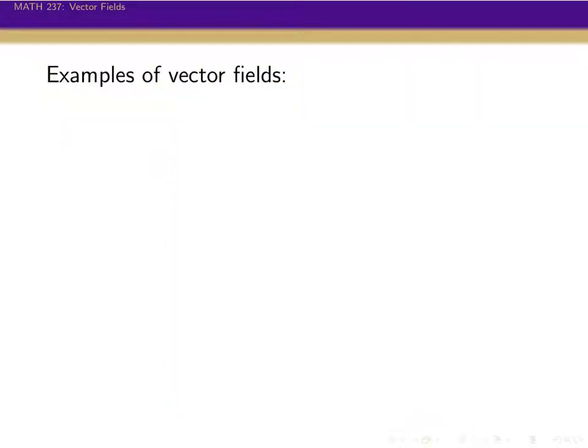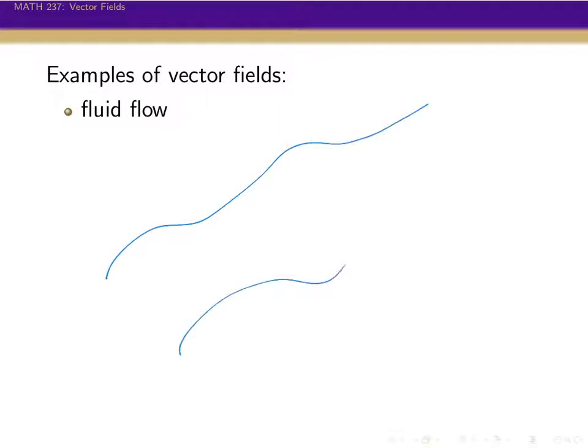Okay, so where are some places where vector fields pop up? First, some real practical examples. Whenever you're talking about fluid flow, say you have some river, you can talk about at some point in that river what the velocity vector for that water is.